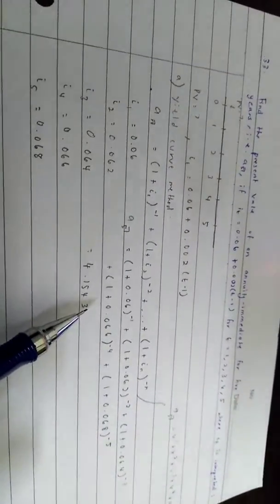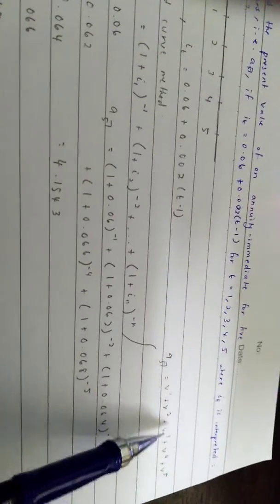First we'll find the i each year, 1, 2, 3, 4, 5. This is for i1, 0.06, and so on, and then we insert the value inside the formula, and then we'll get 4.1543 dollars. This is the present value.